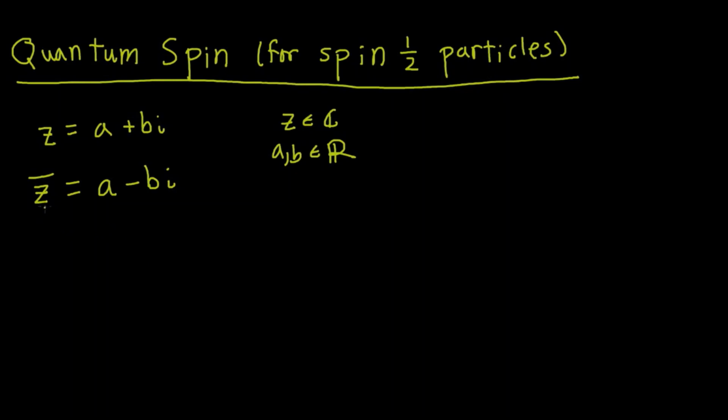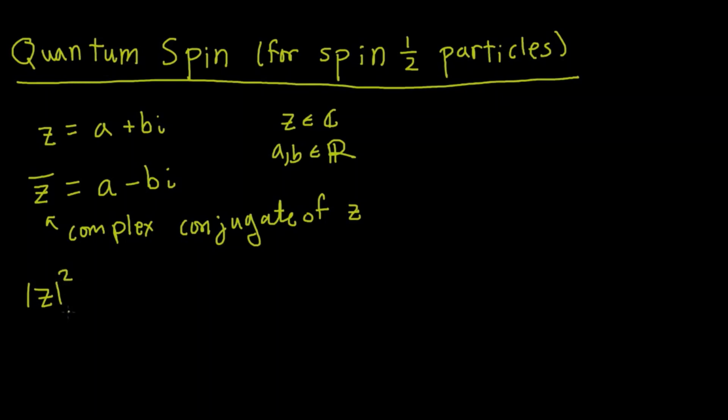This is called the complex conjugate of z. Furthermore, we define the magnitude of z squared, with these two bars around z, to be z bar times z.